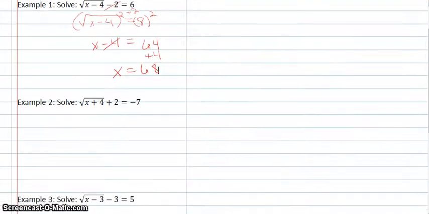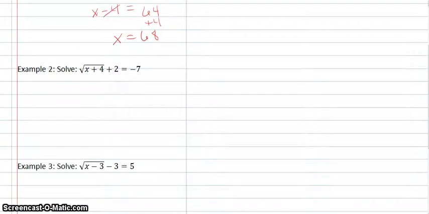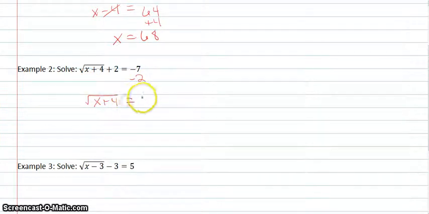Okay, and then we'll do the same thing on example 2. This time we need to get the square root of x plus 4 by itself. So I'm going to subtract 2 to move it to the other side. So I'll have the square root of x plus 4 equals a negative 9.